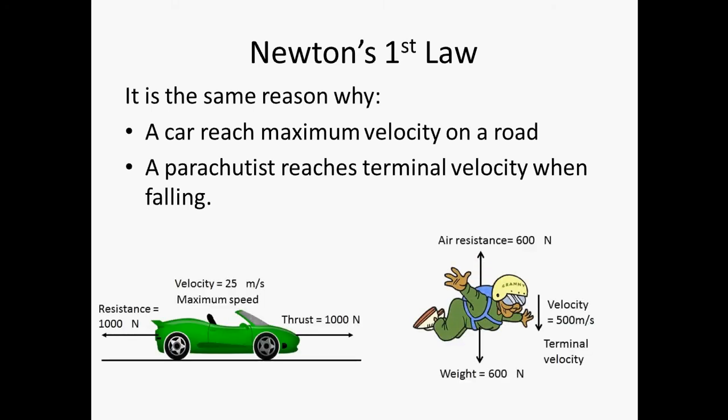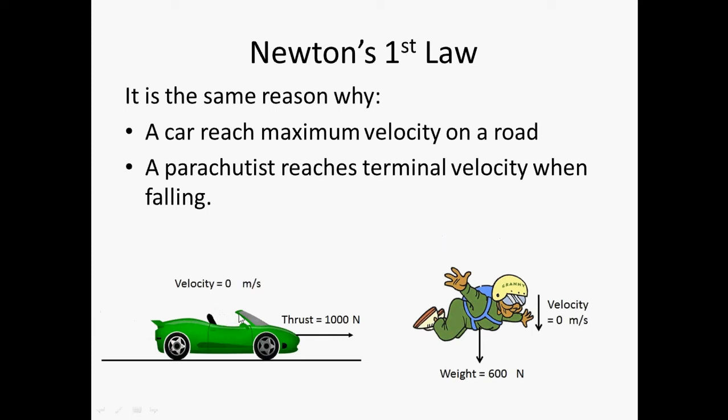If you look at these two animations, the one on the left shows that initially the thrust of the car is 1000 and there is no speed initially. Then as the speed increases, the resistance increases until a point where the resistance is the same as the thrust.